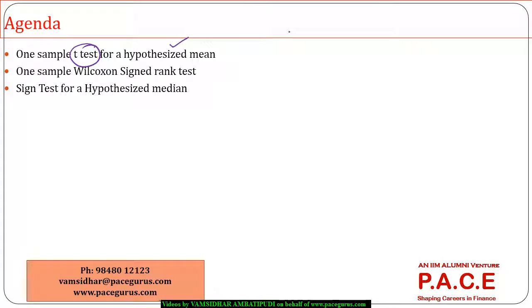So I am hypothesizing a particular mean for a particular data, and I want to see whether the mean that I am computing from the sample I have taken is more or less equal to this hypothesized mean, or is there a significant difference between the hypothesized mean and the mean that I got through the sample.